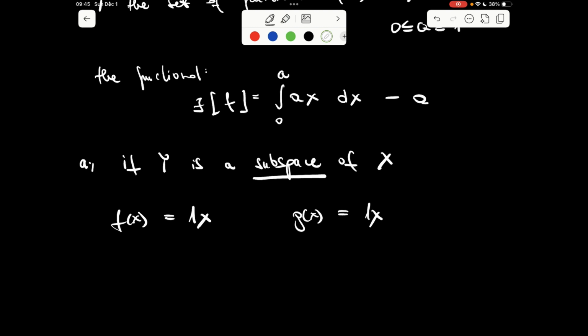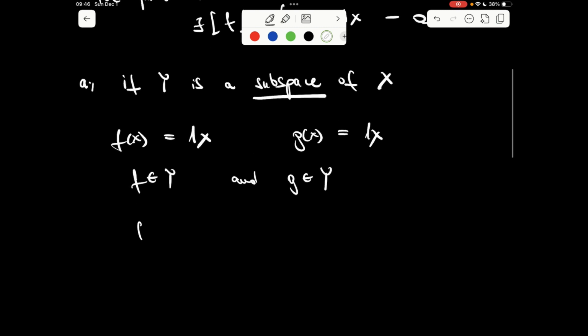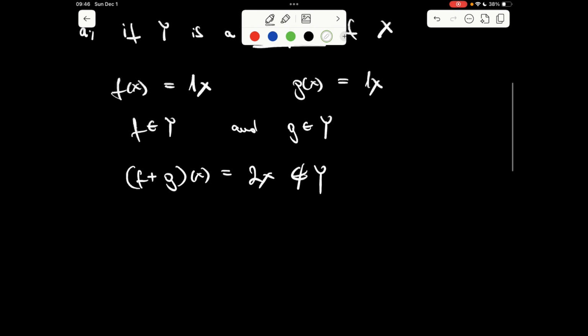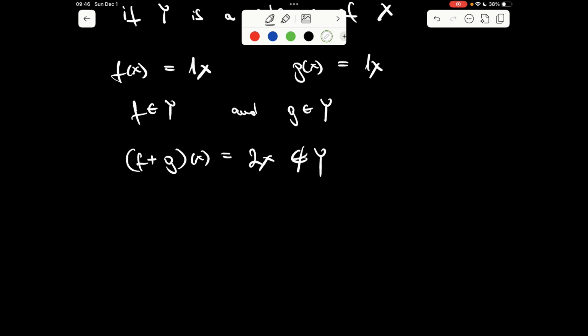Even if it is true that f is in y and g is also in y, their sum is 2x, which is not in y. So set y is not closed with respect to addition.